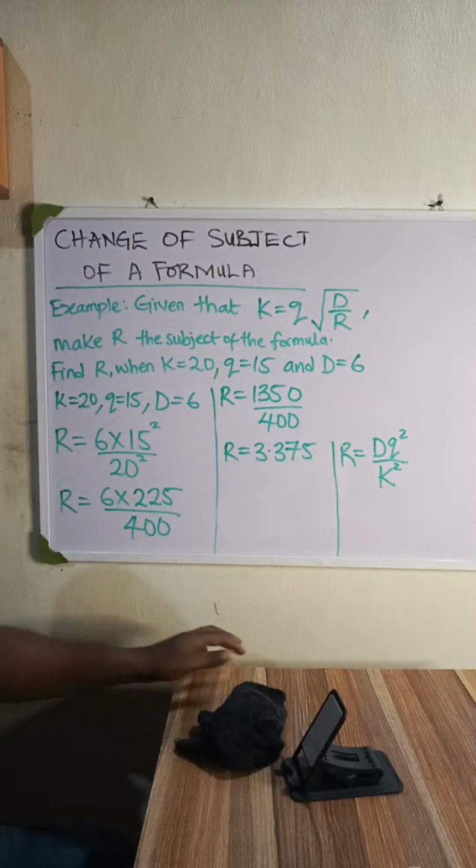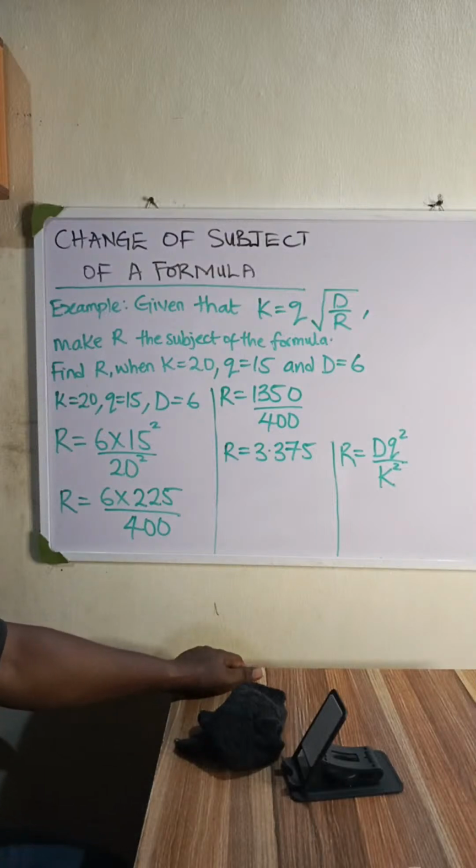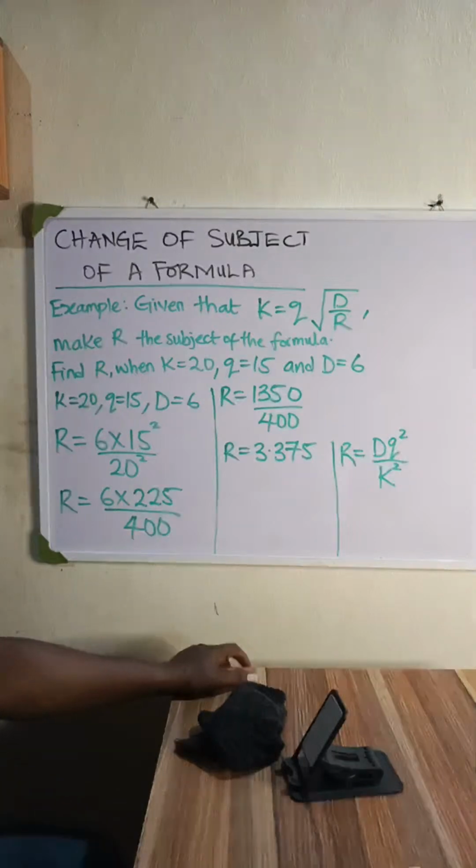That becomes the answer. r is equal to 3.375. Okay, Nicola Mendy, correct. 3.375.